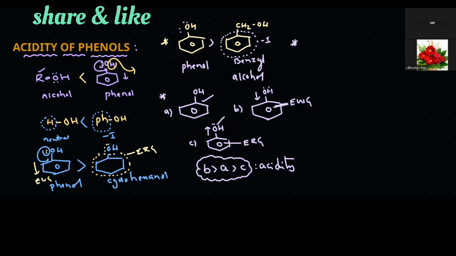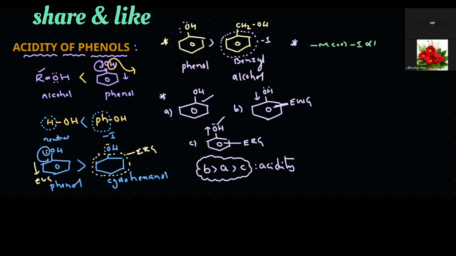First, I will give the conditions here. Electron releasing or withdrawing group means: if a minus M or minus I group is attached to the phenol, it is directly related to the acidity.